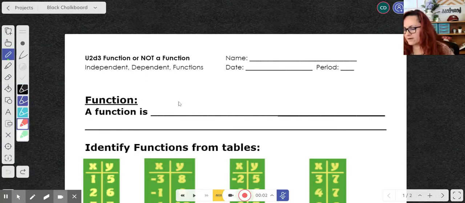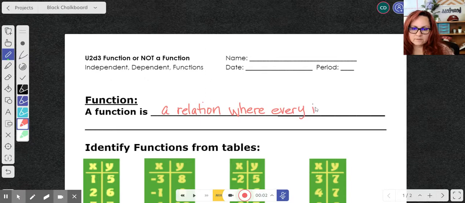So let's start. A function is a relation. We talked about relations last time, right? A relation where every input, remember that could be referred to as domain or X, might talk about it that way, okay?